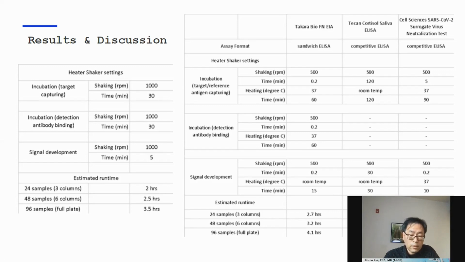Some assays require shaking during incubation, and some assays require incubation for an hour at 37 degrees, but some can be incubated at room temperature. So the runtime largely depends on the design of the assay. For example, a typical sandwich ELISA having two 1-hour incubations will take longer to complete.